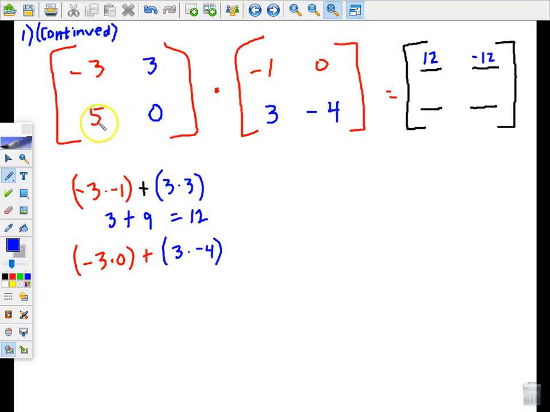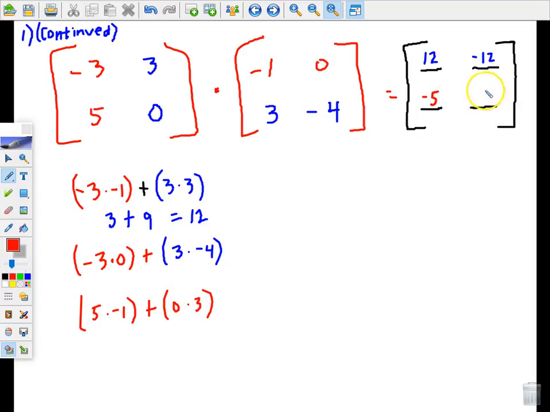It's the first times the first, or the reds, 5 times -1, plus, and now do the seconds, or the blues, 0 times 3. I was going to change colors there, but I think you get it. So 5 times -1 is -5, plus 0 is -5.